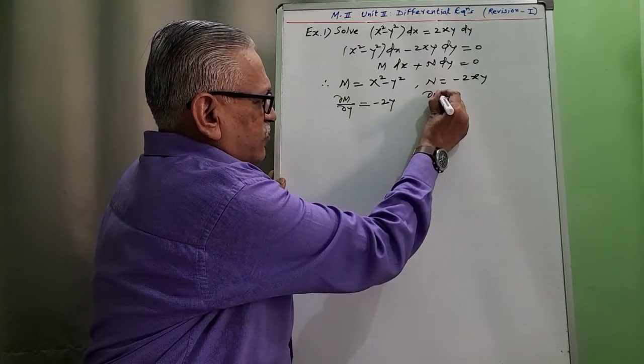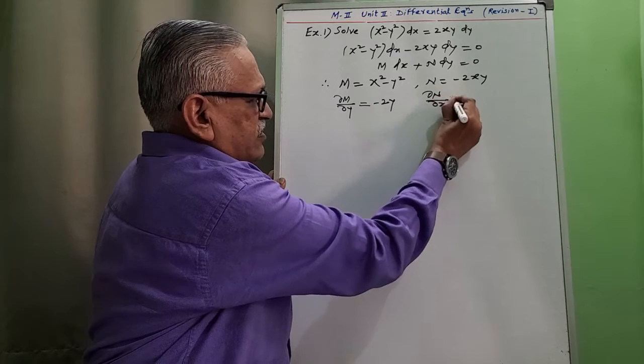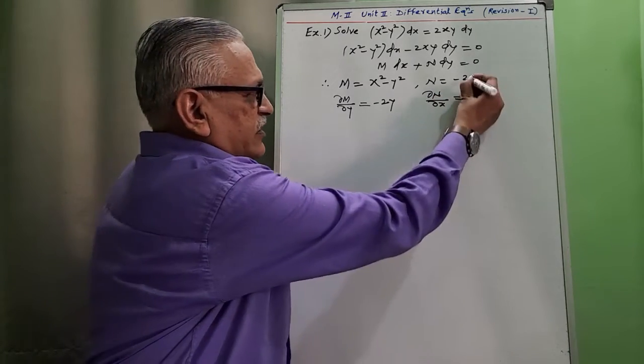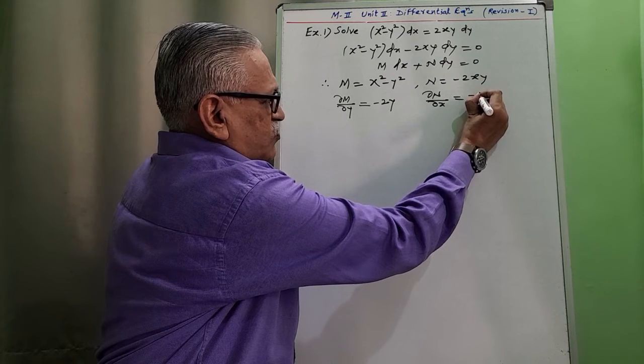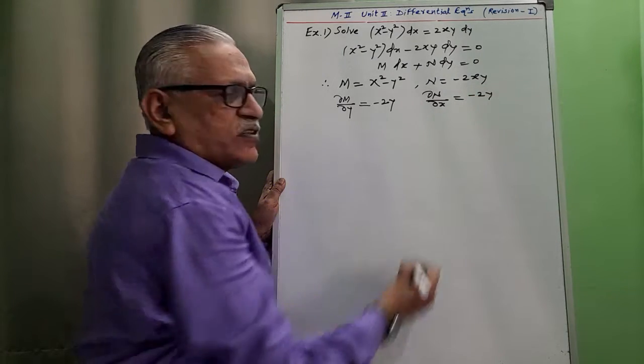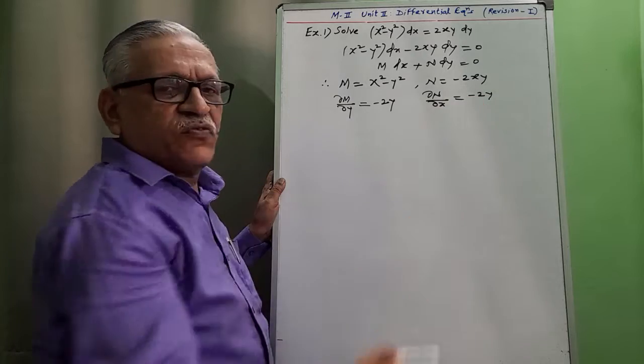Differentiating N with respect to x, keeping y constant, the derivative is −2y, constant term outside, and derivative of x is 1.